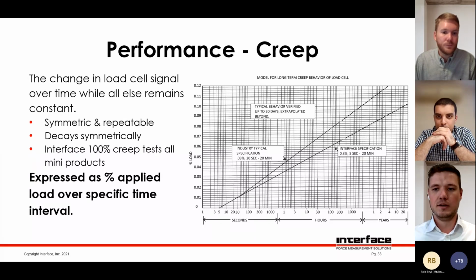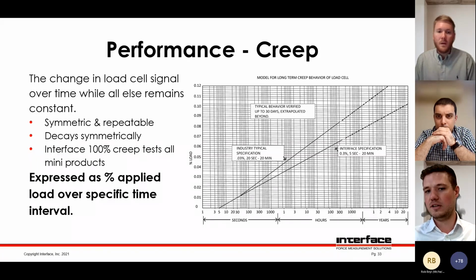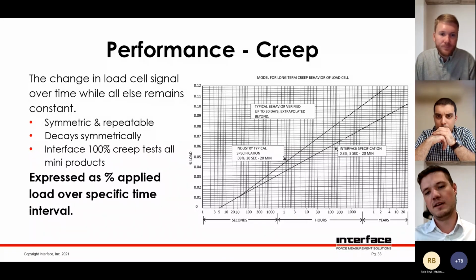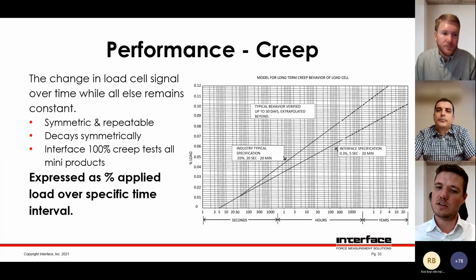Load cells and all force measurement flexures have creep in them, and creep never stops. One of the key things about creep is that it happens very early on. Most of the creep happens in the early seconds, or the first couple of minutes at maximum, and then the effect of it tapers off over time.